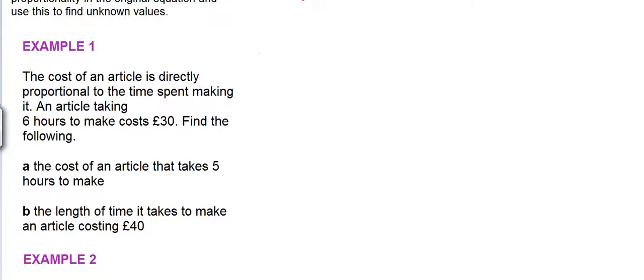The first thing we need to do, step 1, is to set up the proportionality equation. So we'll say let C equal the cost of an article and t equal the time it takes to make it. It's a direct proportionality question.